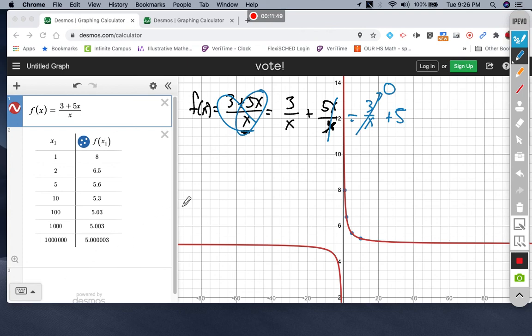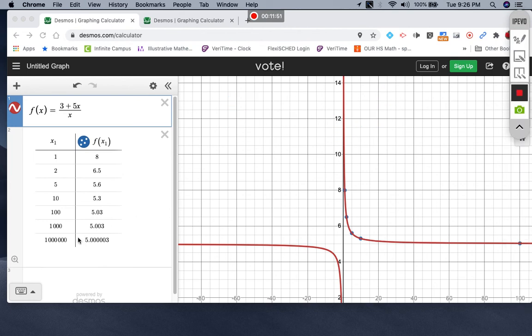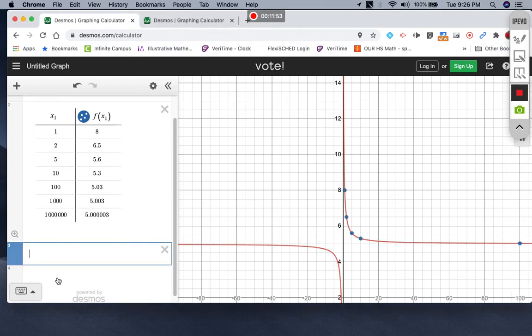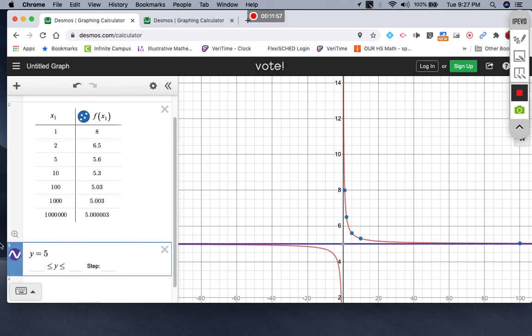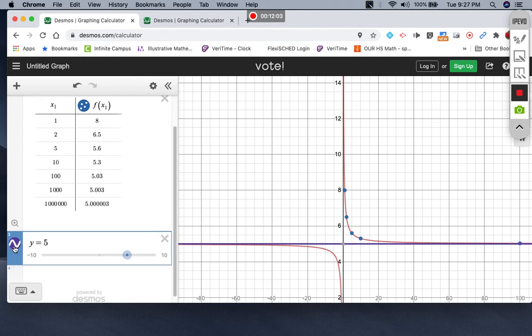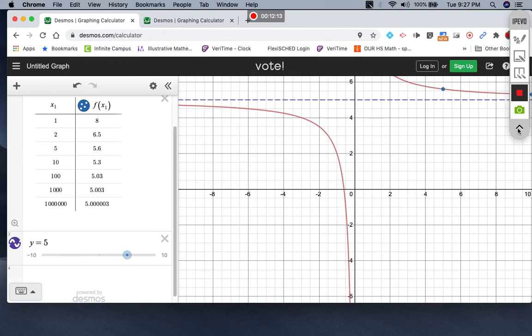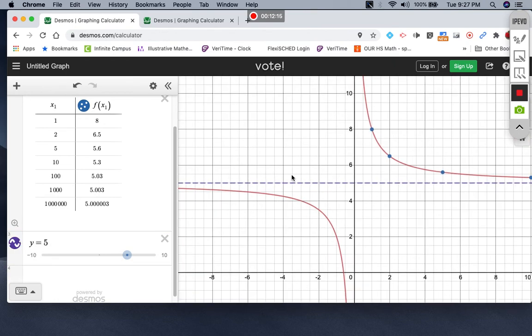So I can come down here and put in the line y equals 5. I'll make that a dotted line. And there's our asymptote.